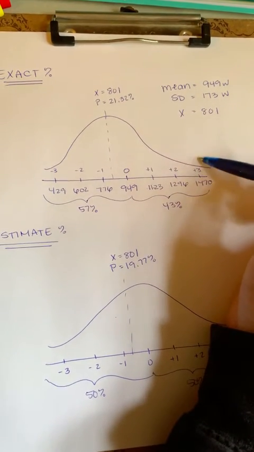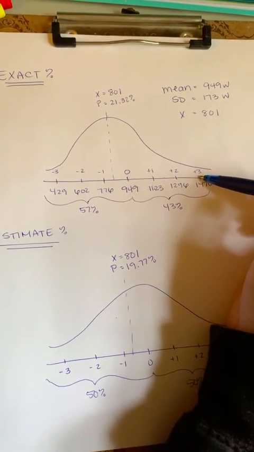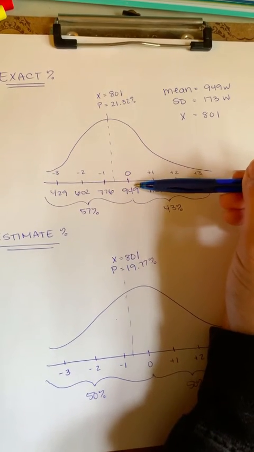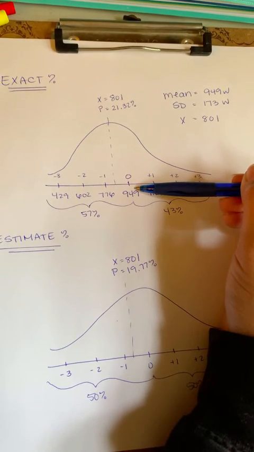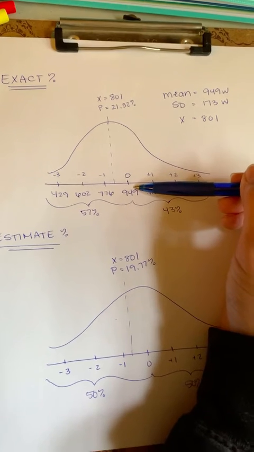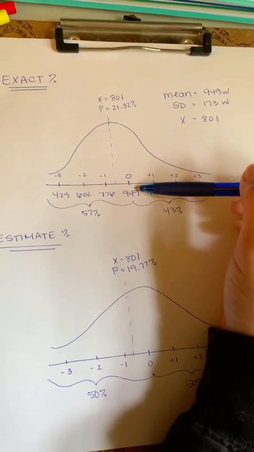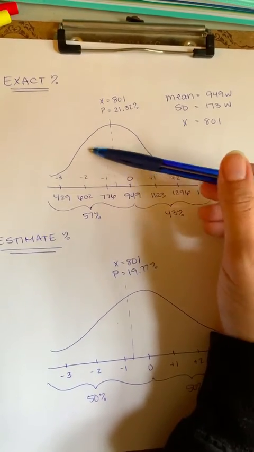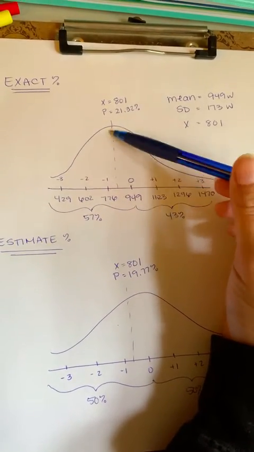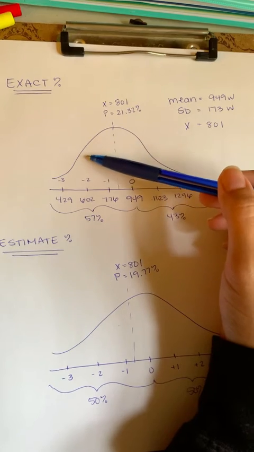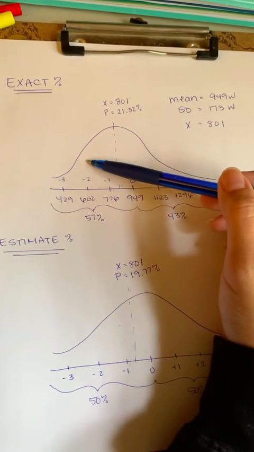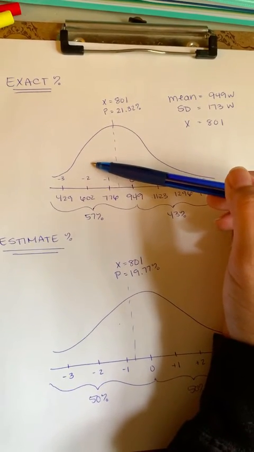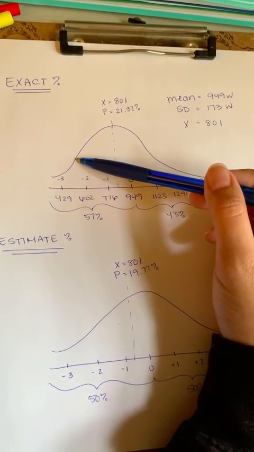Because the influence of this outlier in this area drew the mean this direction, it's not going to distribute the frequencies of values that occur in the distribution evenly around the mean. So a greater percentage over here means that if we chose 801, there's a greater likelihood that we're going to have a higher percentage existing to the left of 801.